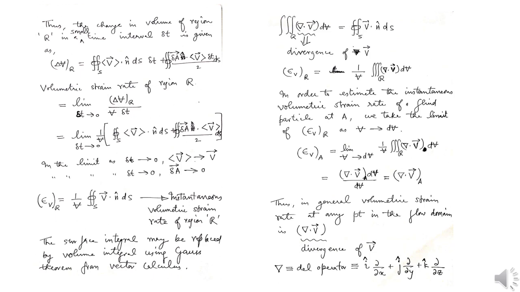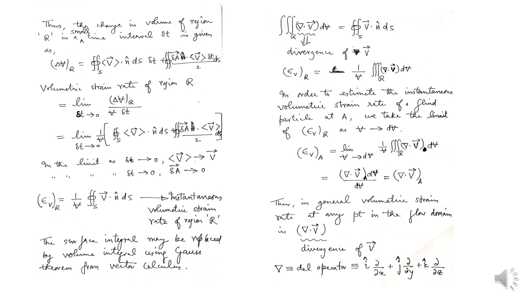So if I look at the limit, because I am dividing by delta t, I have a term which looks like this: limit delta t tending to 0, 1 by V, the original volume of the region R, and the bracketed term is the surface integral of the mean velocity dot n dS plus the surface integral of delta A dot V by 2.